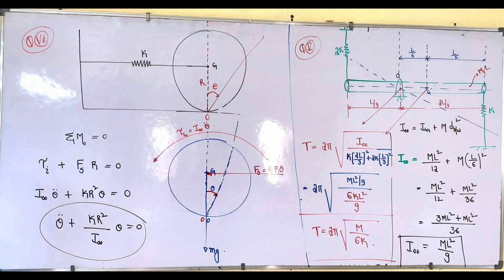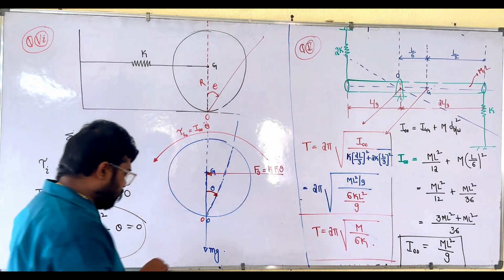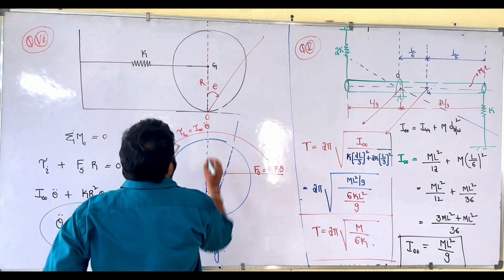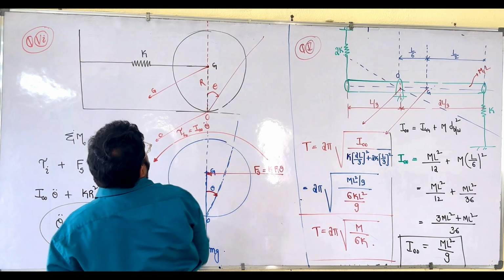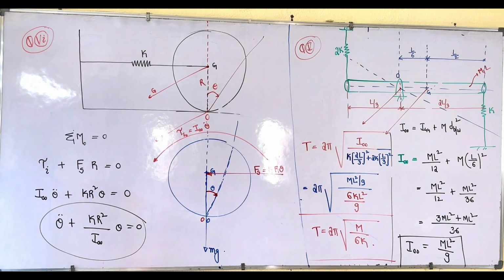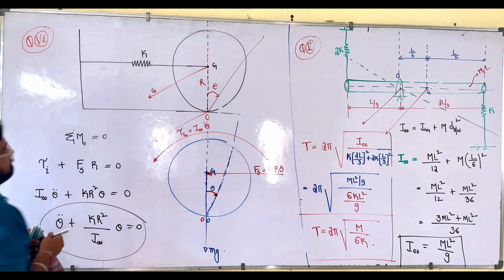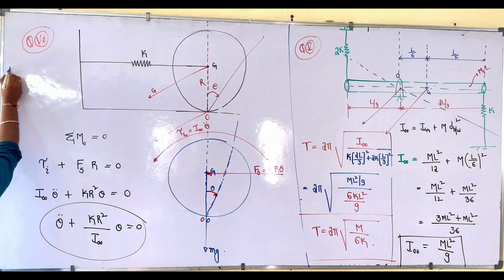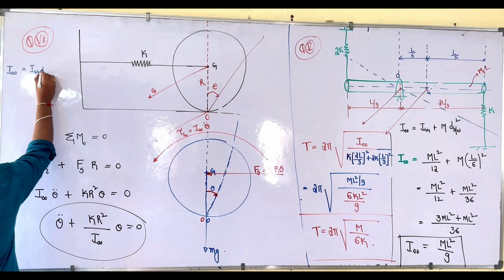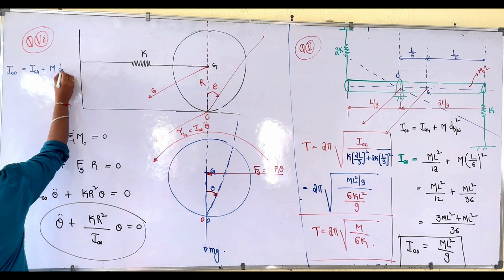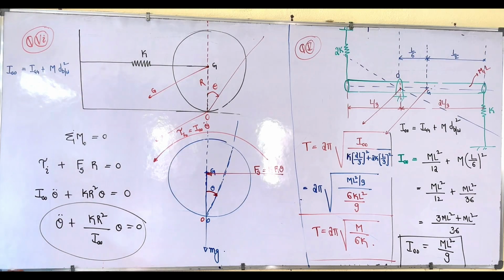What is the mass moment of inertia of the disk about point O? It is rotating about the Z axis. Now apply the parallel axis theorem. I O O equals I G G plus mass into distance squared.